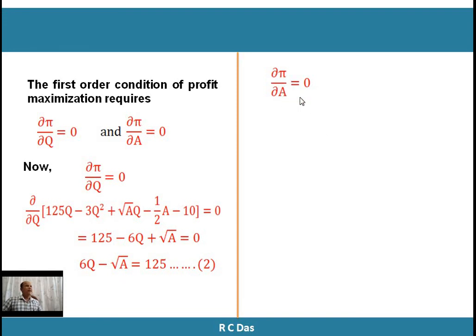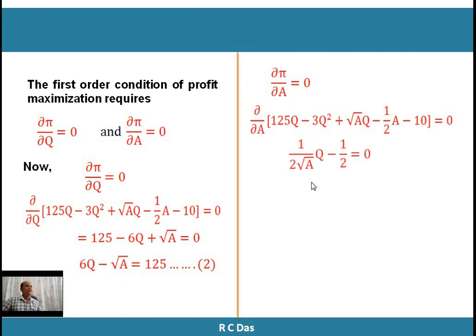And del pi by del A equal to 0. After putting the profit function and differentiating with respect to A, we get, first 125Q is constant, so its derivative value is 0, minus 3Q square is also constant, its derivative value is 0. The derivative value of root over A Q is Q by 2 root over A, minus the derivative value of 1 by 2A, which is 1 by 2.